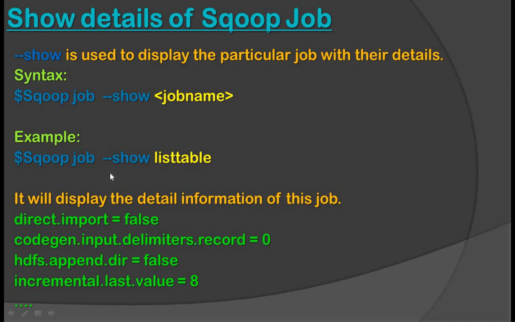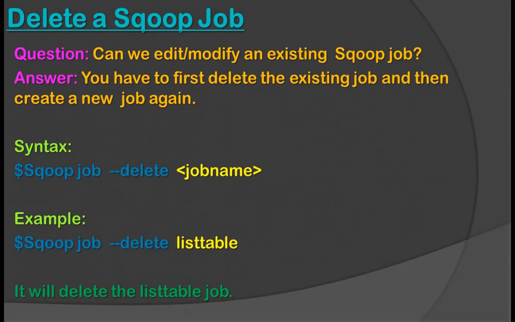Now let's see the next thing, how we can delete a job. The question is, can we edit or modify any existing Scoop job? The answer is, you have to first delete the existing job and then create a new job.